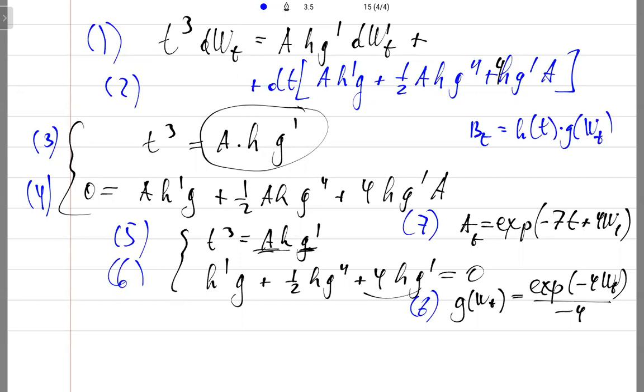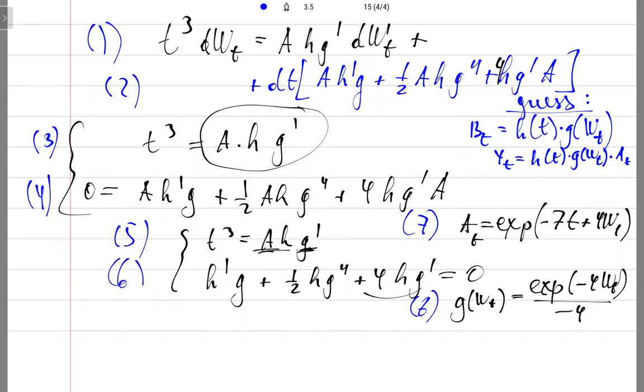And we know that YT is AT multiplied by HT, by this thing. And we know that HT depends only on T, and we see the form of GWT and AT just above. And when we multiply GWT by AT, there will be no WT left for YT.